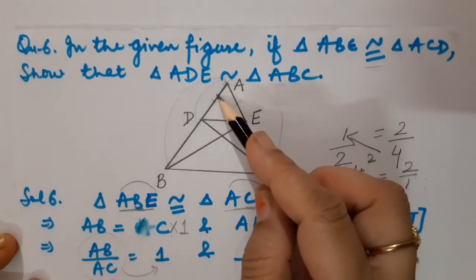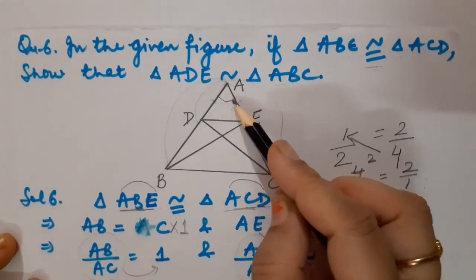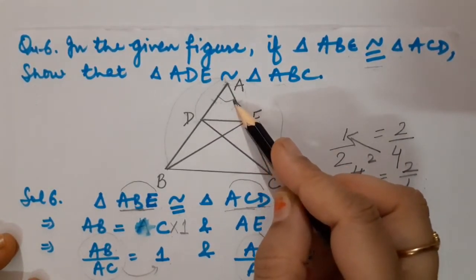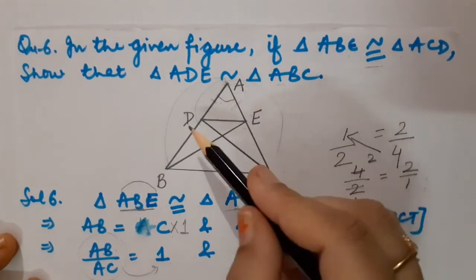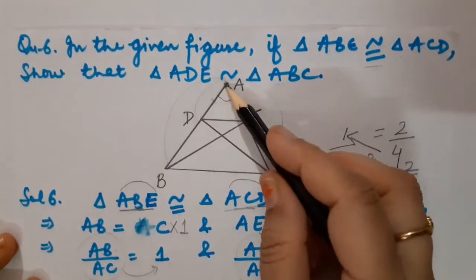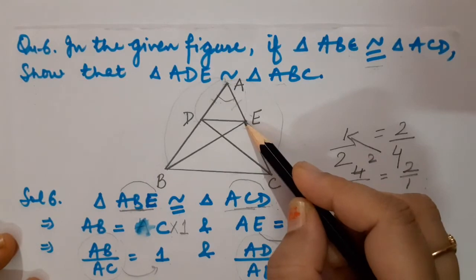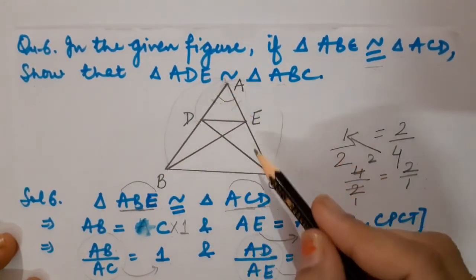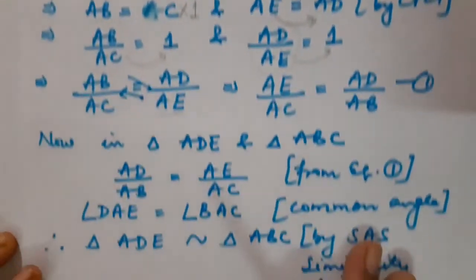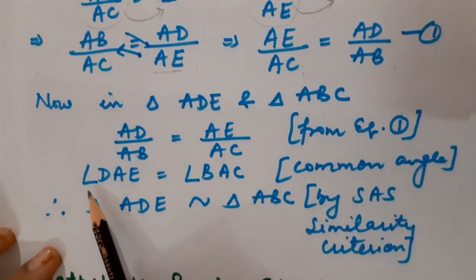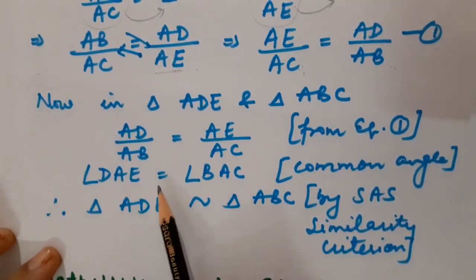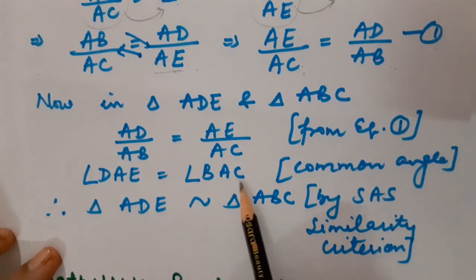Yes, you heard A twice. So angle A will be considered the common angle. It will be angle DAE equal to angle BAC.